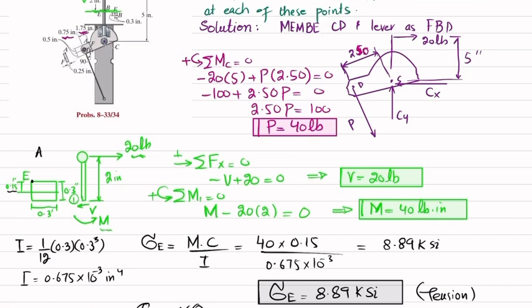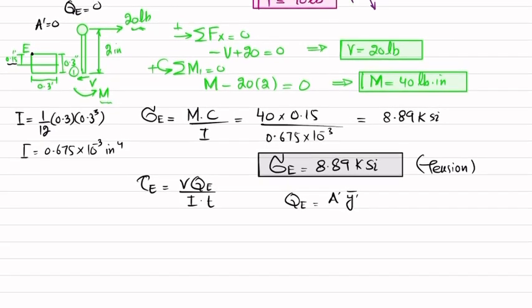So this A dash will be equal to 0. So it means that QE will be equal to 0. Since QE is equal to 0, the shearing stress tau E will also be equal to 0. I will write, since QE is equal to 0, this is the shearing stress at point E.